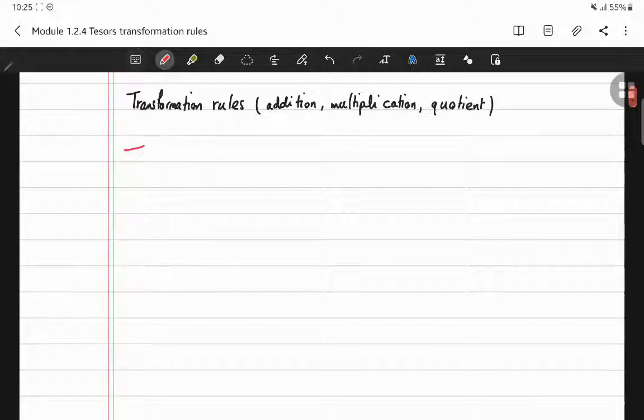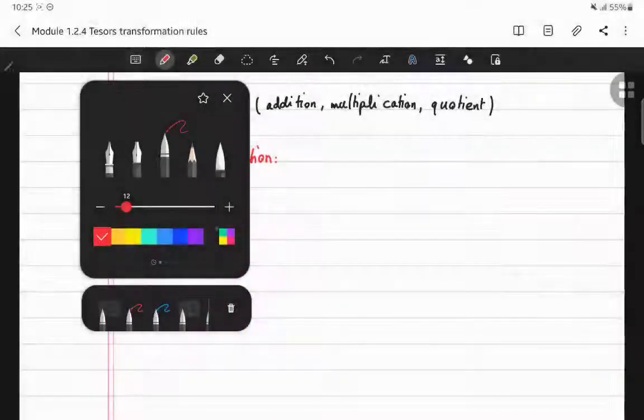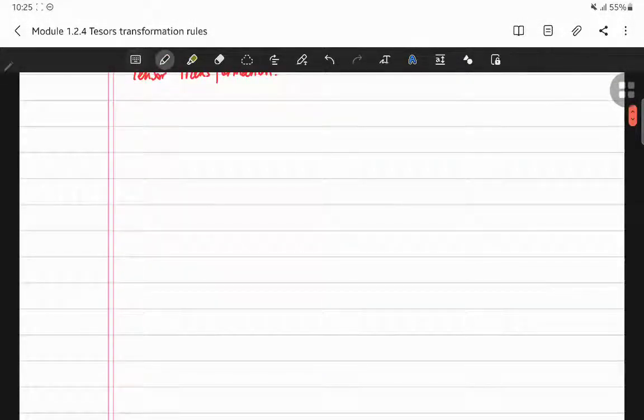Tensor transformation. Up until now, we said that we can write vectors, tensors, and even scalars in the form of tensors. So if you start from the zeroth order tensor, or a scalar, we denote it by, for example, alpha.